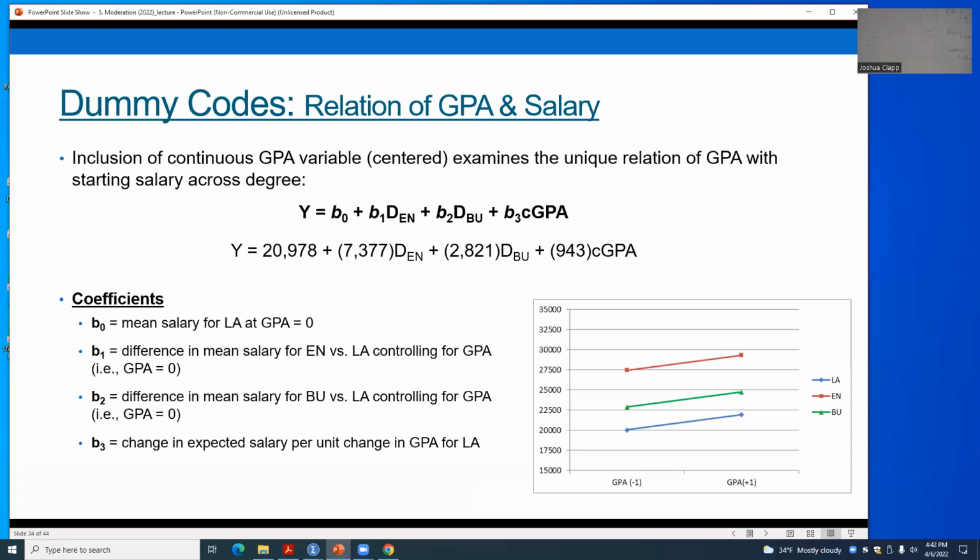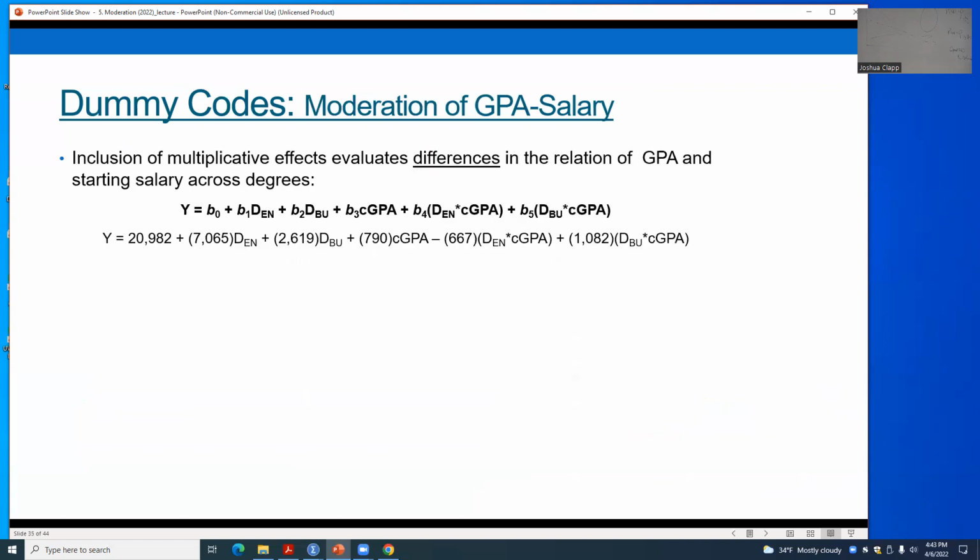So here, if I just have first order effects, I can look at starting salary controlling for these three differences, but it's all going to be the same, right? The slope is going to be identical across these. There's no way for this coefficient to change based on whatever I swap around here, okay?